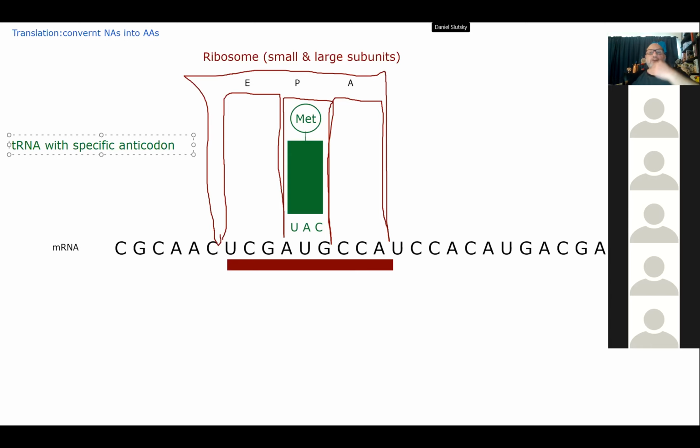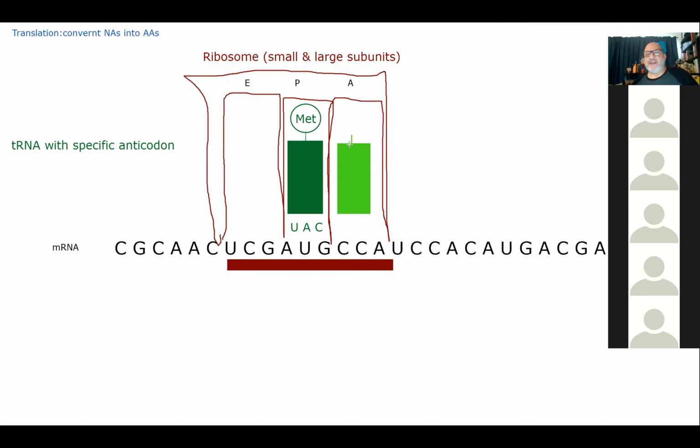All right. So again, these 4 things come together. But notice there's still an open A site. So once these 4 things come together, then a second transfer RNA is able to come in and bind in the A site.